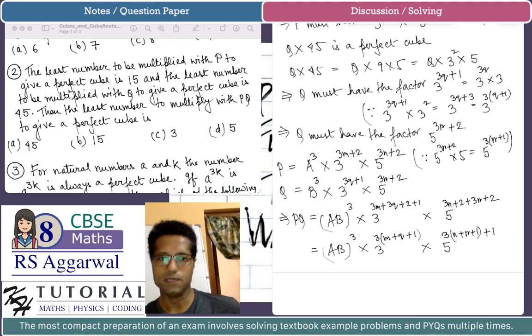Now we are asked to find the least number to multiply with PQ to give a perfect cube. If we multiply PQ, we get AB whole cube of AB.